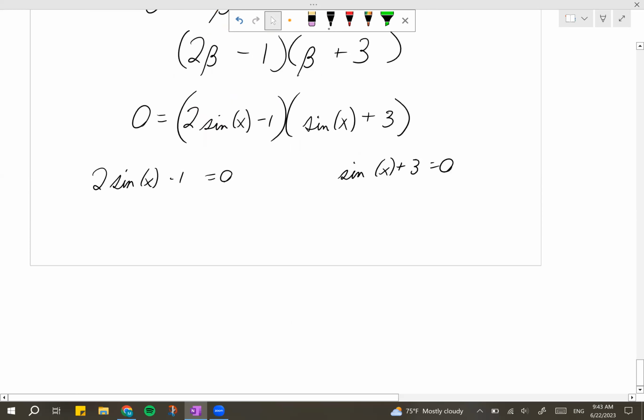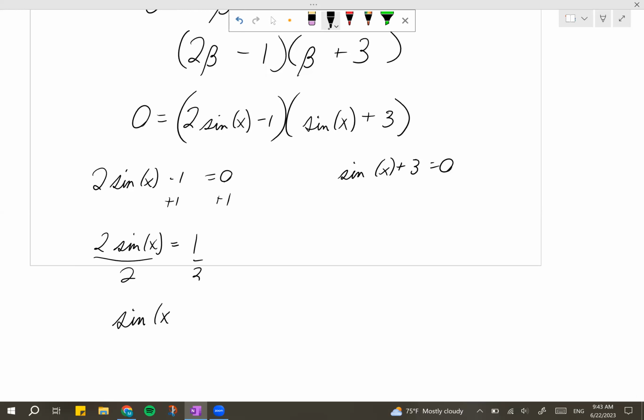Ready? So looking at this first one, I'm going to add 1 to both sides. So I get 2 sine of x equals 1. Divide by 2, divide by 2. I get sine of x equals 1/2.